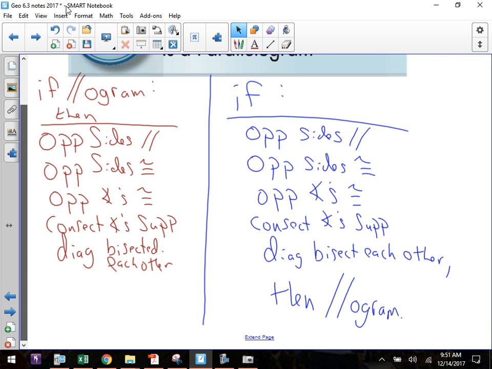So notice the only difference between what we did on Tuesday versus what we're doing today is that on Tuesday you were told you had a parallelogram, so you did everything.